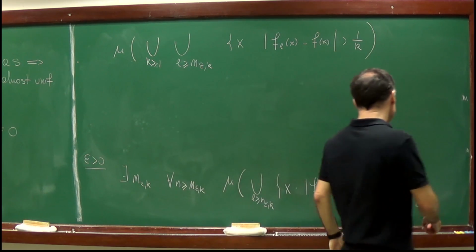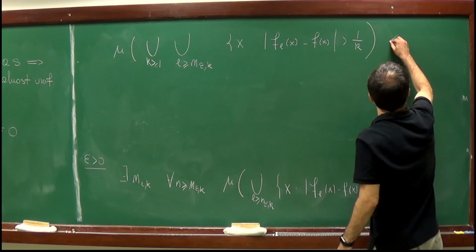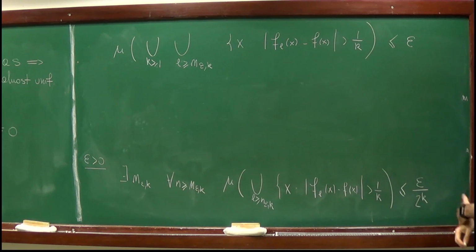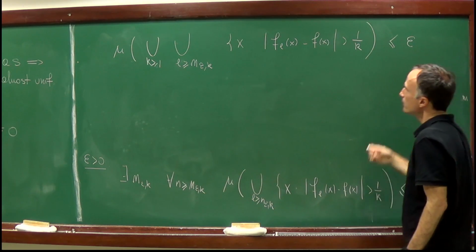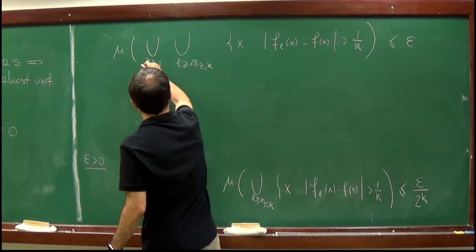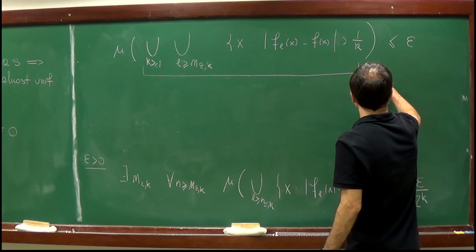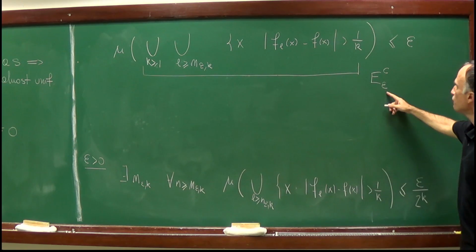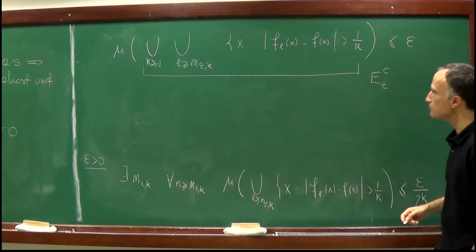The measure of these sets is bounded by epsilon over 2k. So when we sum over k, we get that this is bounded by epsilon. Okay. So we obtained in this way a set whose measure is bounded by epsilon. So this will be the set E epsilon complement. We just proved that this set E epsilon complement has measure bounded by epsilon.